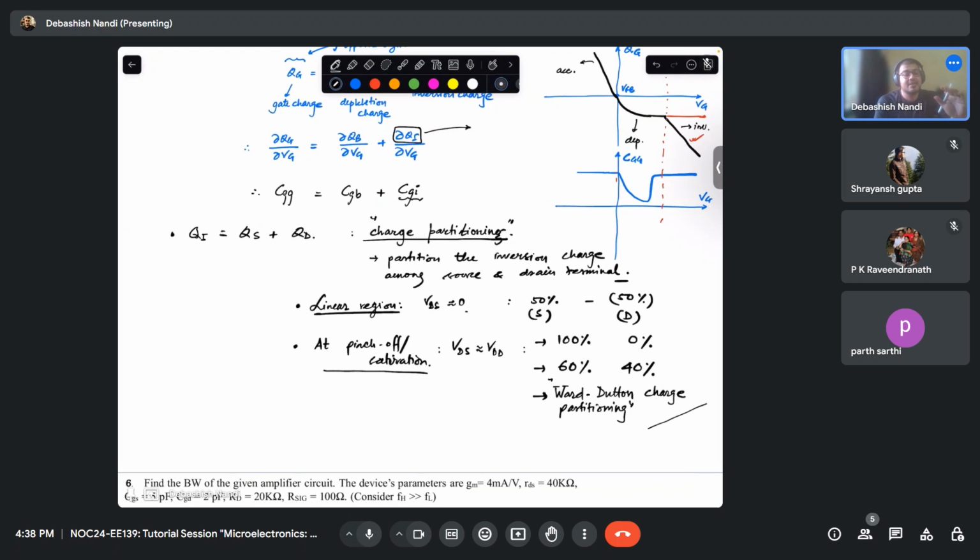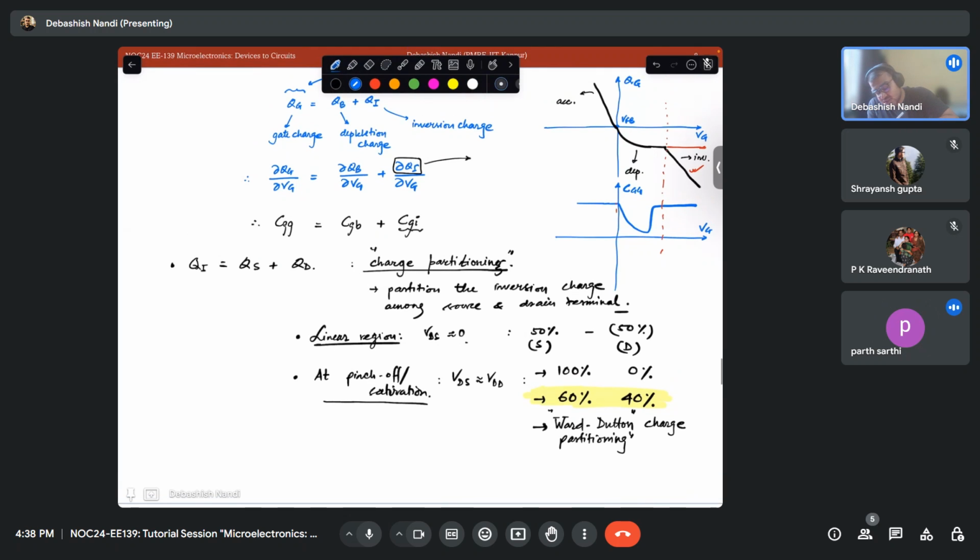It is not an exact function, but it is through a linear extrapolation from source to drain. Okay, so I just want you to get familiarized with this term, that there is something called Ward-Dutton charge partitioning scheme. What is the most popular one, which is even used in digital parlance also, is this 60-40. Okay, yes, sir. So in case of strong inversion, what is this value of this capacitance, by the way?